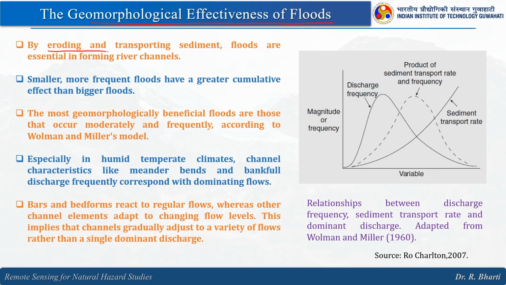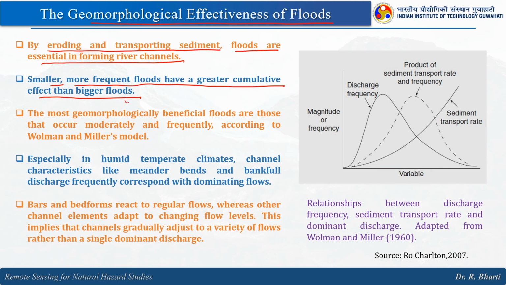By eroding and transporting sediment, floods are essential in forming river channels. Smaller, more frequent floods have a greater cumulative effect than bigger floods, right. Because we are talking about the high discharge and frequently occurring, right.